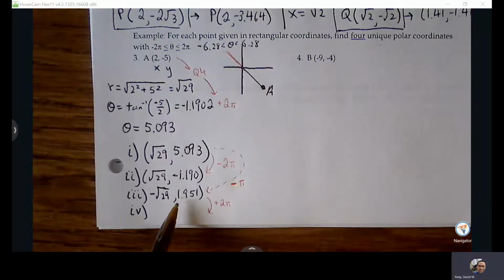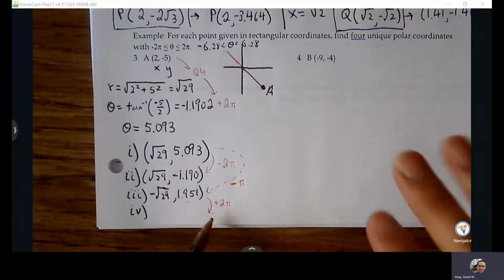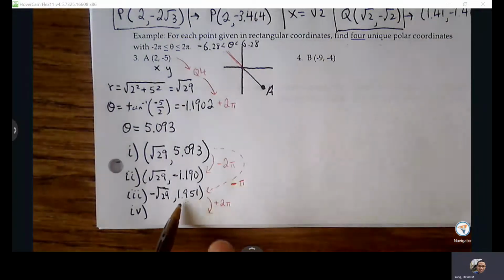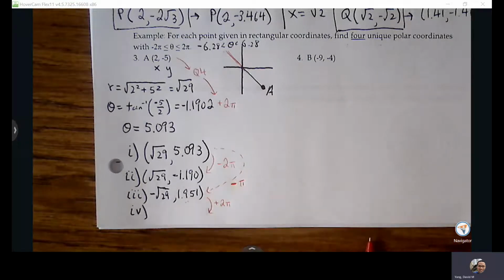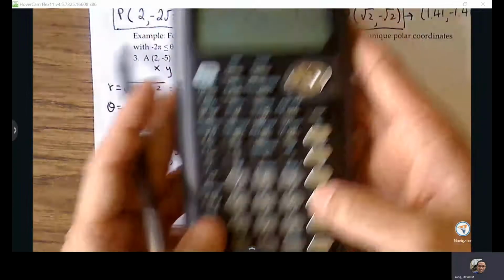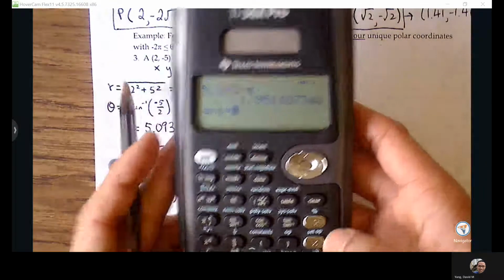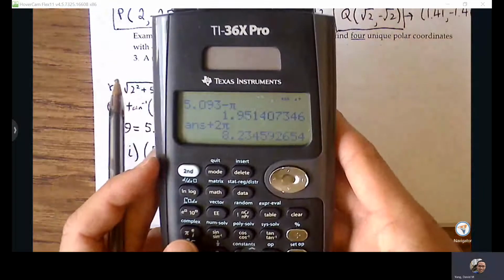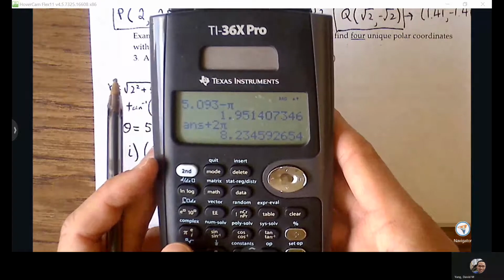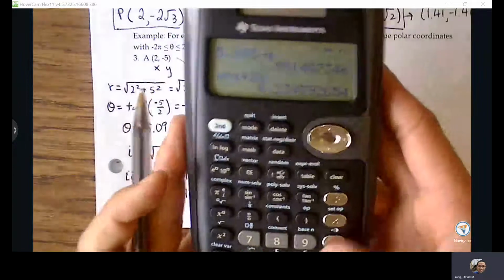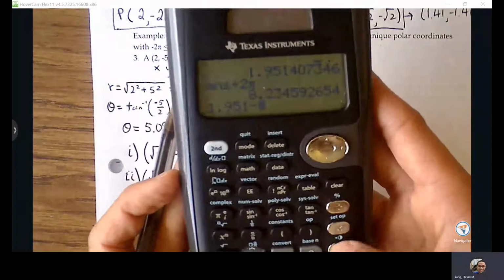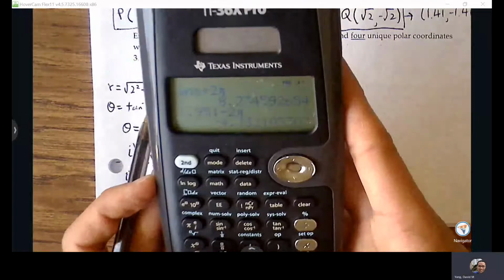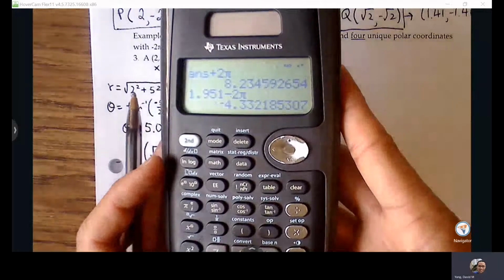So second quadrant, I can add 360, or in our case, add 2 pi. Oh, it's a little too big. So I need to do 1.951 minus 2 pi. Negative 4.33, all right.